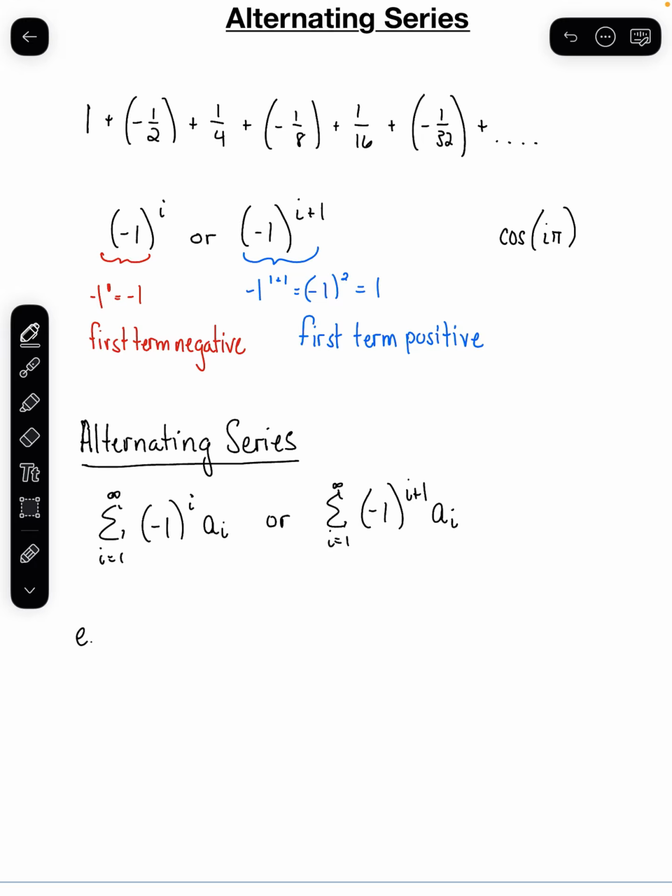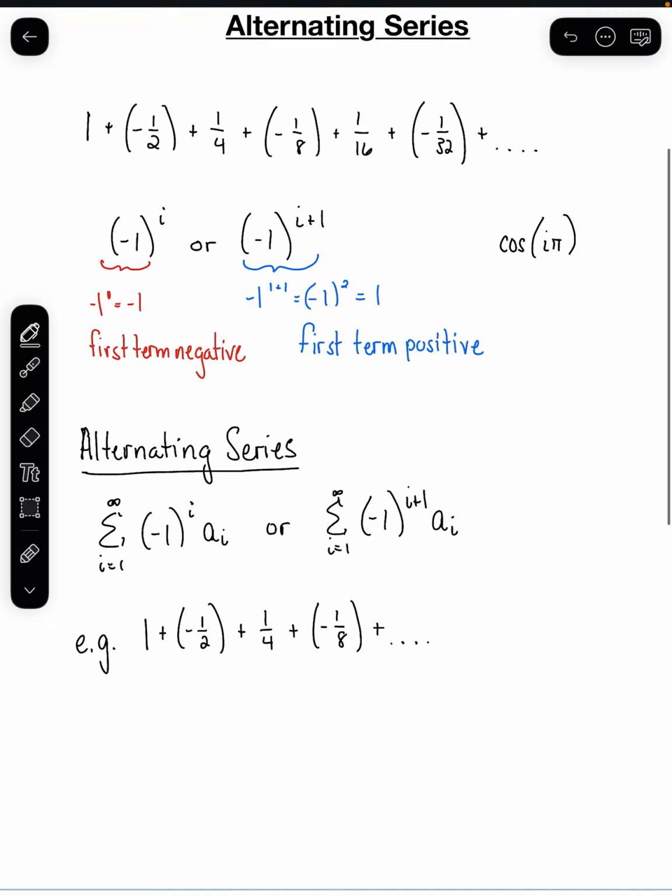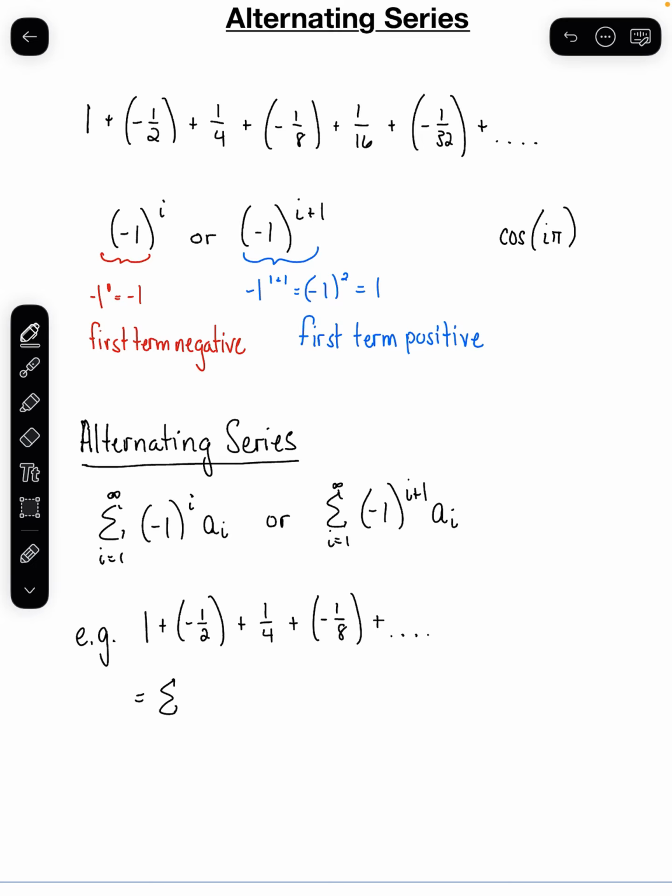For example, the series that I gave above is the series with I starting at 0 of negative 1/2 to the I. When I is 0, we have negative 1/2 to the 0 power, where any non-zero number to the 0 power is 1.